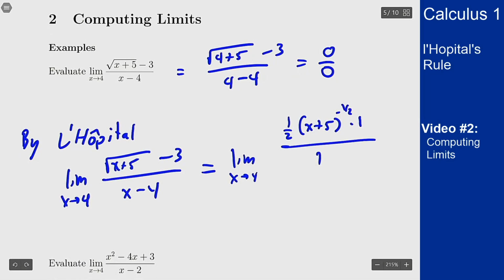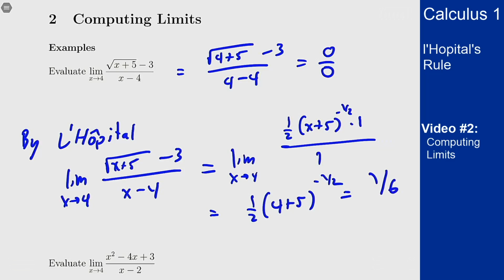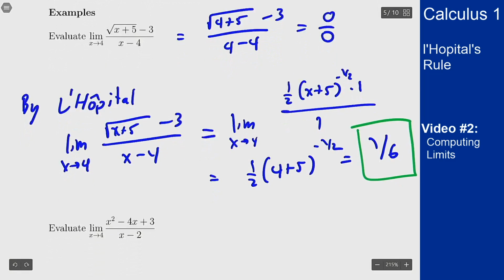And now I can just plug in 4. 1/2 times (4 plus 5) to the minus 1/2, which is 1 over 2 times the square root of 9. Square root of 9 is 3. That gives me 1/6.